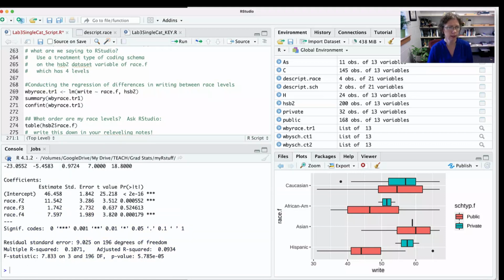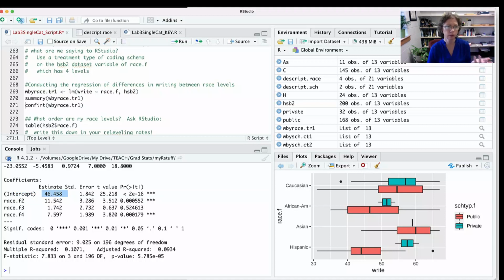So now we have more information here, right? We have the F statistic, we got the p-value, we got the effect size of the model. So all of that is in your overall model. Now looking at the regression coefficients, the intercept is the mean of the referent.